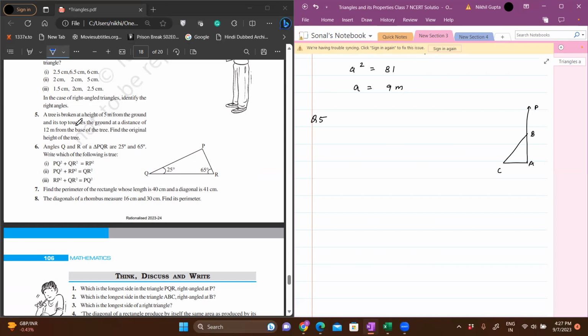So what we can do is write down the statements. This tree is forming a right angle triangle here. So this is 5 meters. Top touches the ground at a distance of 12 meters. So this is 12 meters given to us. First, we need to find this using the Pythagoras theorem.